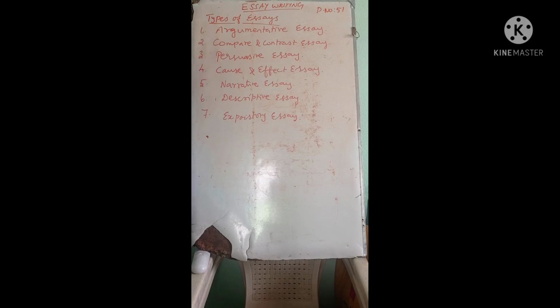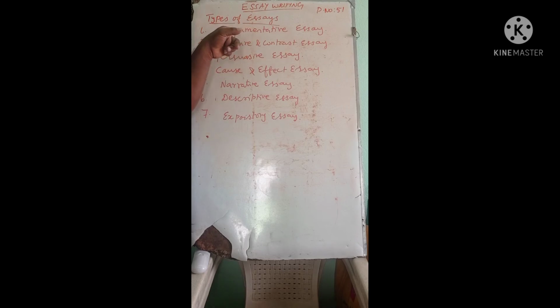See, argumentative essay. In that type of essay, the writer or the essayist has to select his topic first and write his main points and sub points, and through his essay he has to make the reader accept his concept.